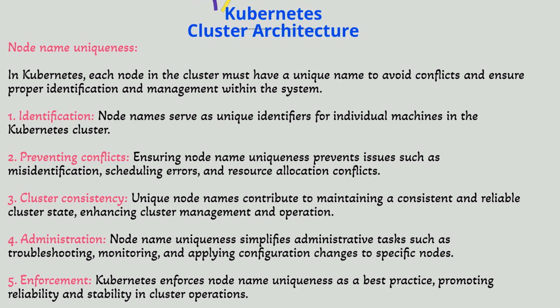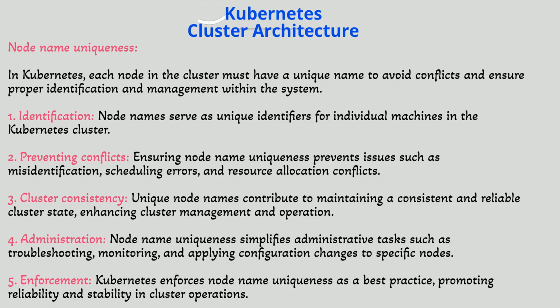1. Identification. Node names serve as unique identifiers for individual machines in the Kubernetes cluster. 2. Preventing conflicts. Ensuring node name uniqueness prevents issues such as misidentification, scheduling errors, and resource allocation conflicts. 3. Cluster consistency.